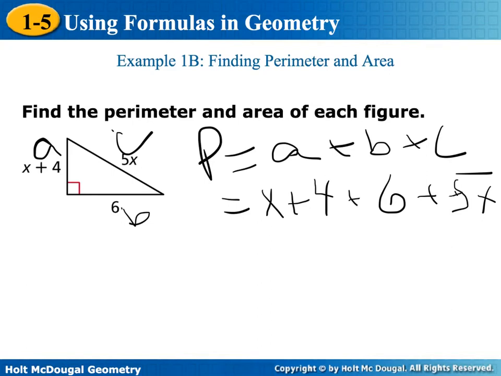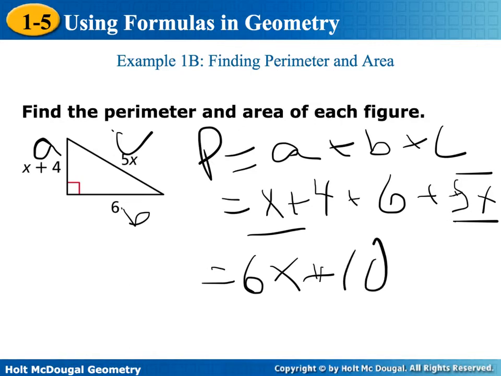Okay, combine all my terms. I got an x and a 5x, so I have 6x. 4 and 6 make 10. They don't give me any units, so I can't put any units. 6x plus 10, that is your perimeter.